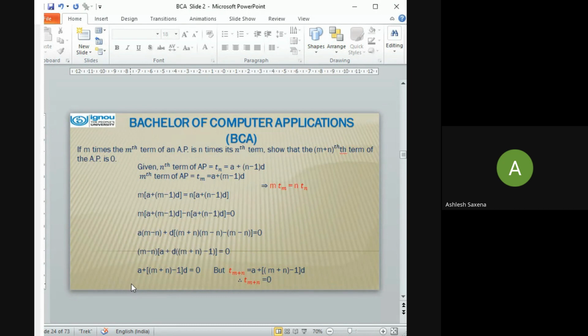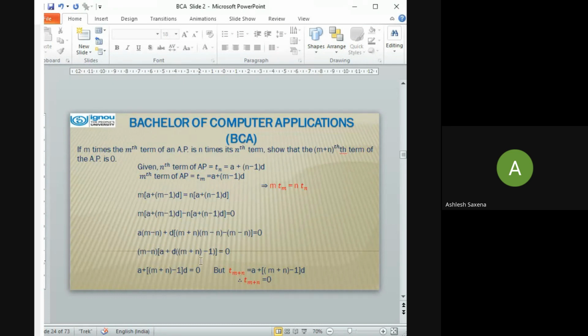Now that opening up has to be done by you. And after simplification, you will find that you have to break it up in the form of a plus m plus n minus 1 into d, because you have to find the m plus nth term. So it will be a plus m plus n minus 1 into d.